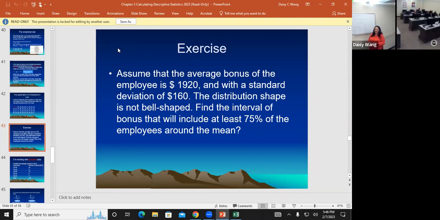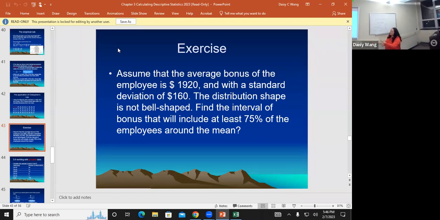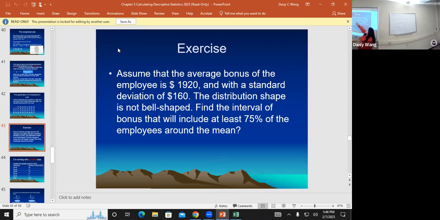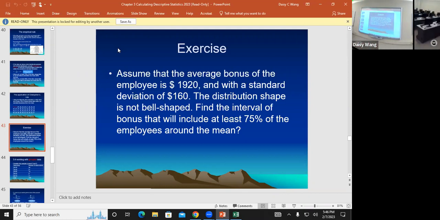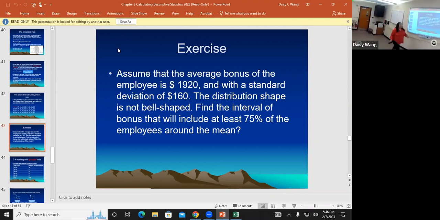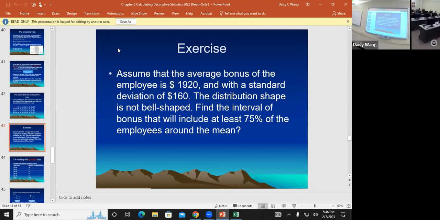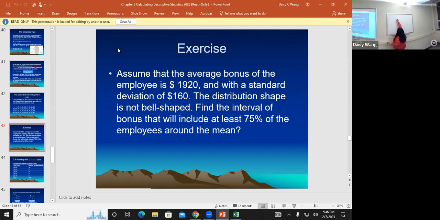Yes, that's that question. This is because the distribution is not bell-shaped, so we use the estimate. If it's not bell-shaped, not a normal distribution, we use this rule.